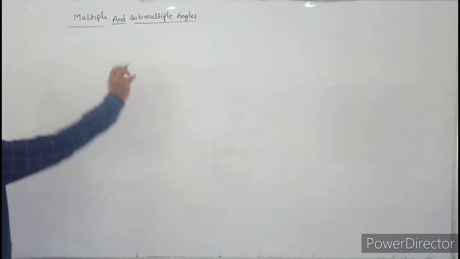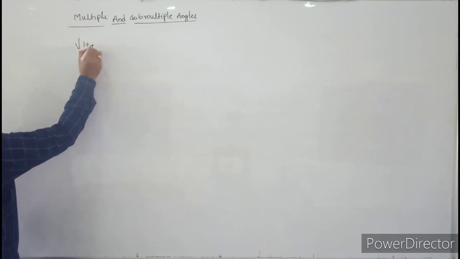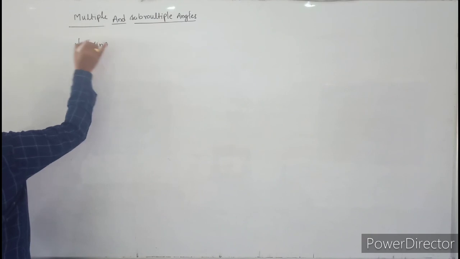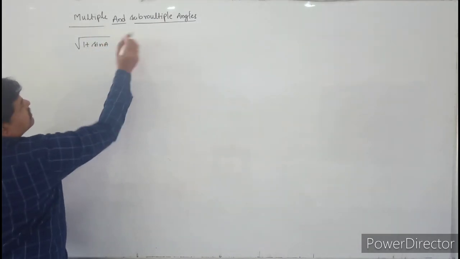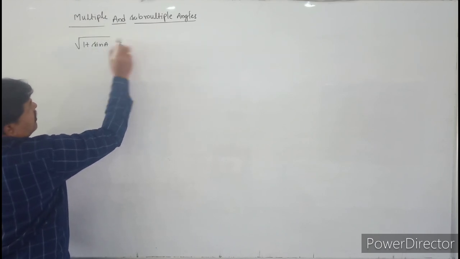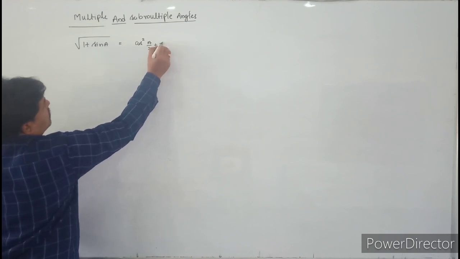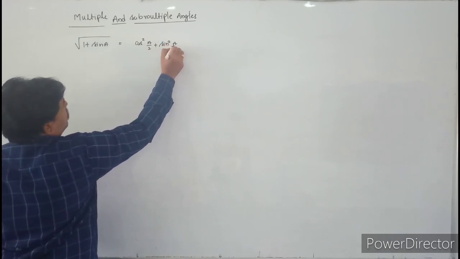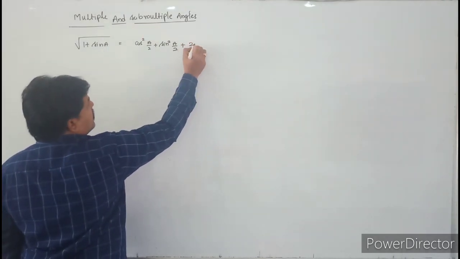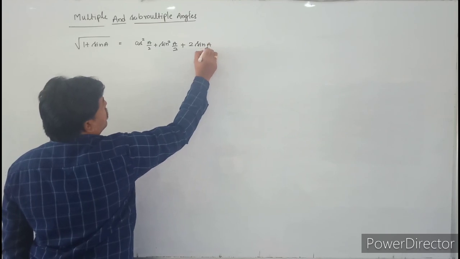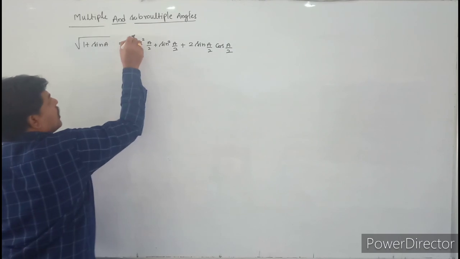So see, students, square root of 1 plus sin a. So how can you write this value? See that 1 plus sin a can be written as, 1 can be written as cos square a by 2 plus sin square a by 2, plus sin a by the half angle formula, that is nothing but 2 sin a by 2 cos a by 2.